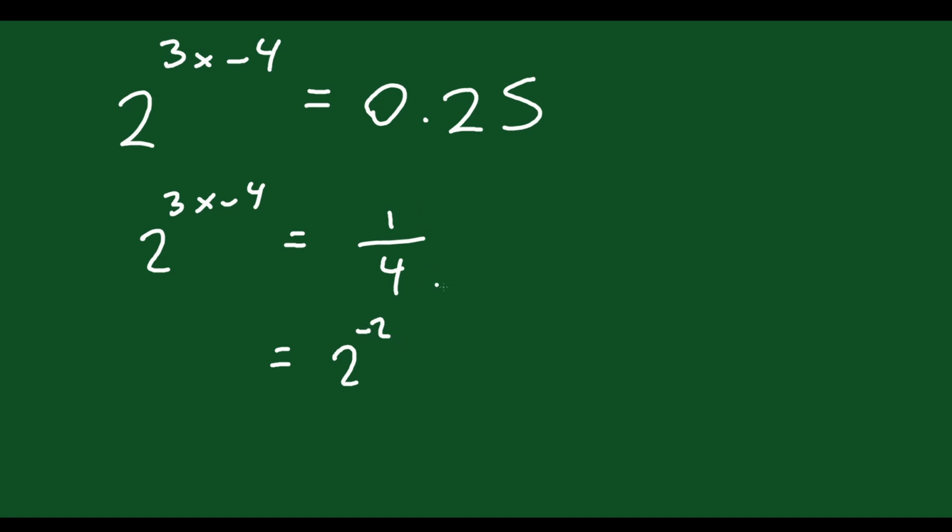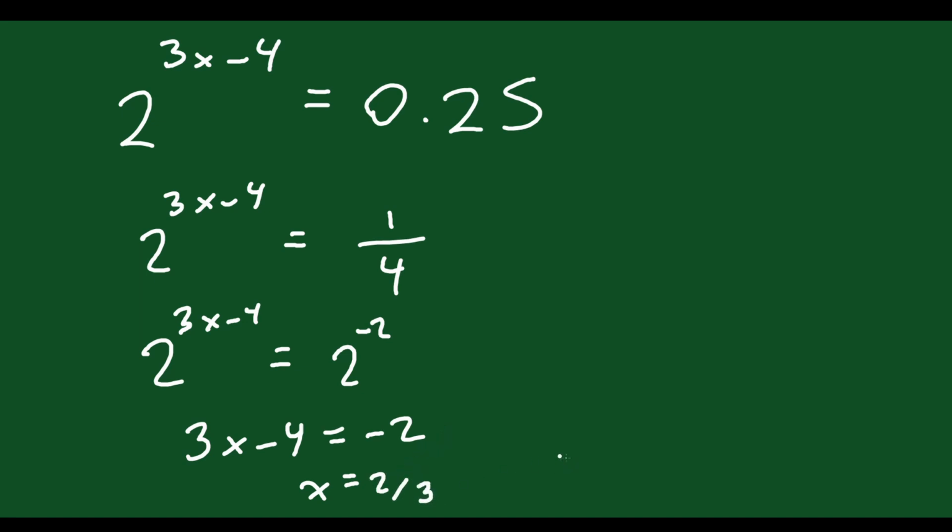So 2 to the negative 2 would give you a quarter. And then again, you have the same bases already. Equate the exponents. 3x minus 4 equals negative 2. You solve for x, and for this one, you're going to get x equals 2/3. Again, not too bad, just a little bit of algebra.